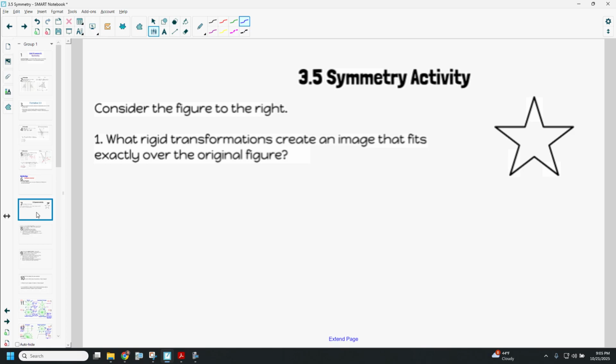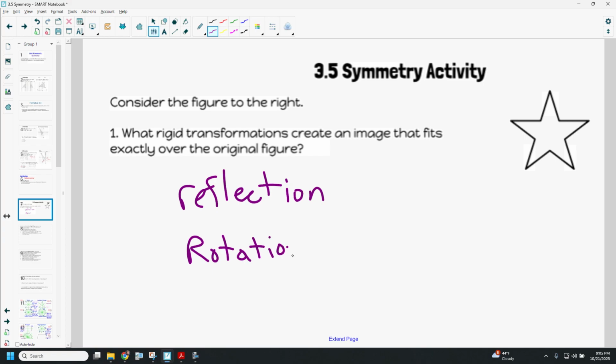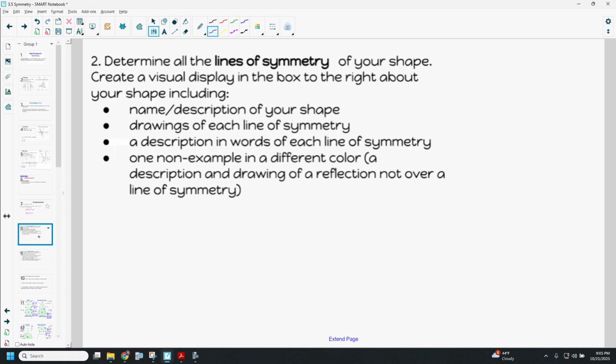And in this case, in this star, we can do a reflection, or we could do a rotation, and it would end up as the exact same image.